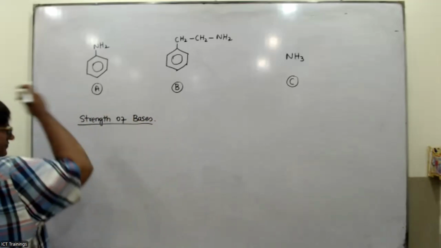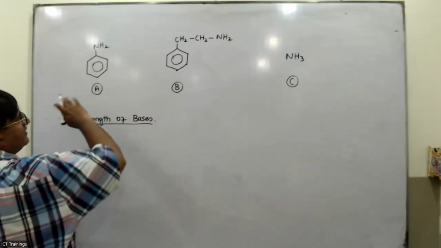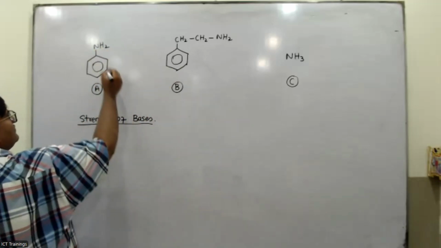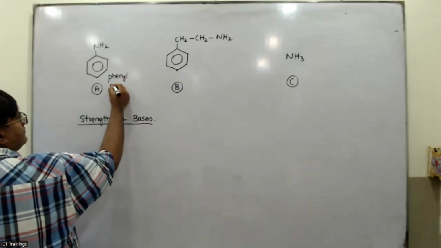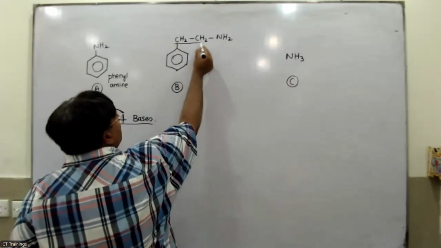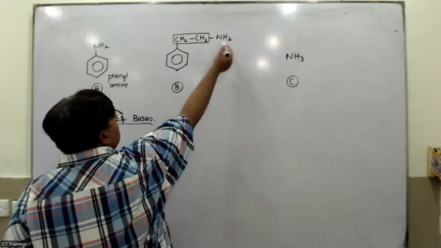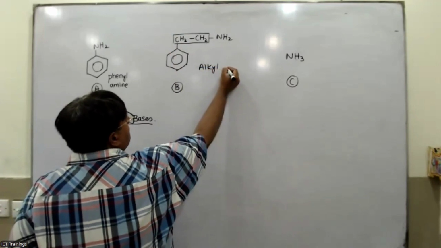Okay, guys. Now I have taken 3 types of things up here. This is phenylamine. This one is NH2 attached with the carbon and hydrogen chain, so this is actually the alkyl amine.